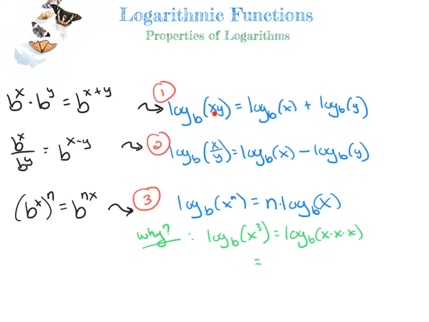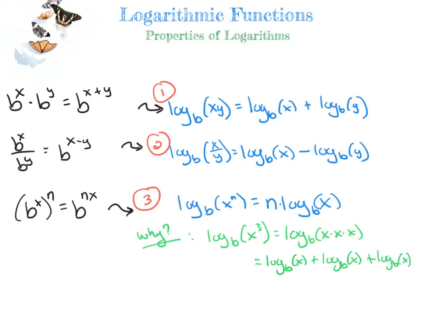So log base b of x times y is log base b of x plus log base b of y. So if you have the product x times x times x, that should be broken apart into 3 logarithms: log base b of the first x, plus log base b of the second x, plus log base b of the third x.